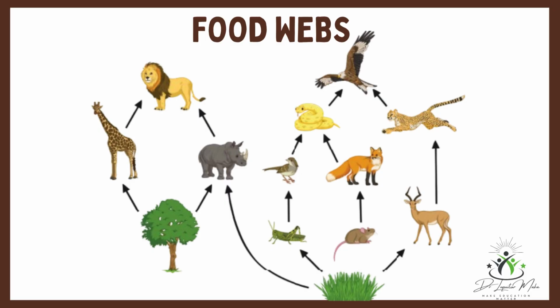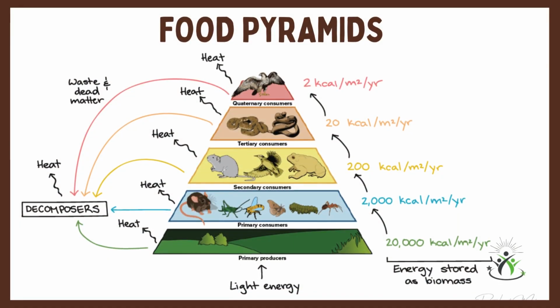Now let's look at the next one, the food pyramid. Now this is a very interesting one. This is where in your exams or tests you will get to maybe calculate, because this is where you are taught how energy is transferred, how much energy is lost when it moves from one trophic level to the next one, or from one organism to the next organism.